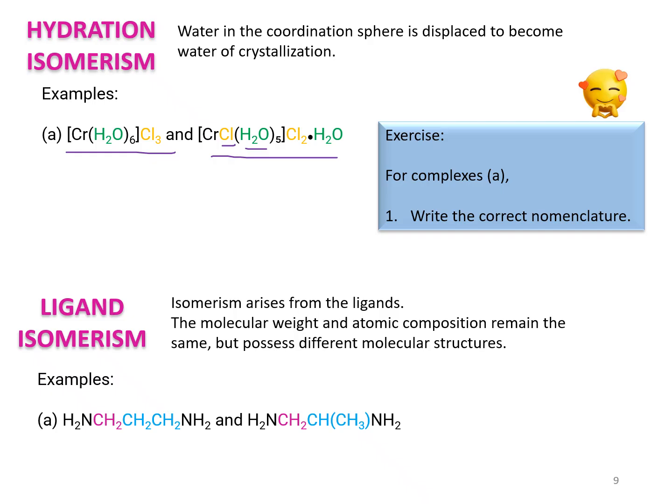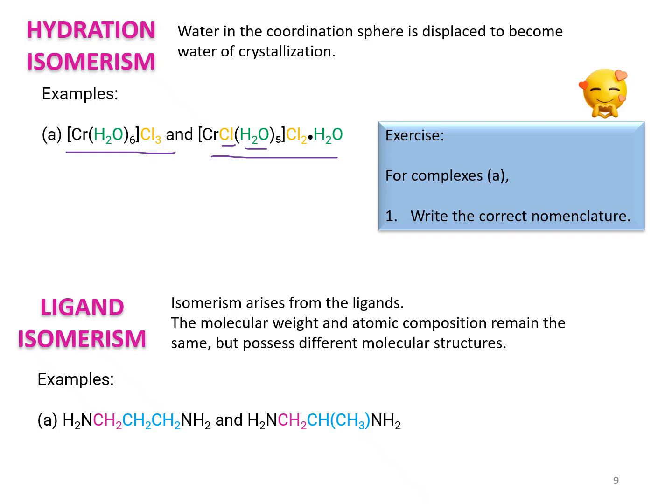So the number of water remains the same, the number of chlorine remains the same, the number of chromium remains the same, except that what was previously in the coordination sphere has now become the ligand outside the coordination sphere. And the ligand that was once outside the coordination sphere has now become the ligand within the coordination sphere.